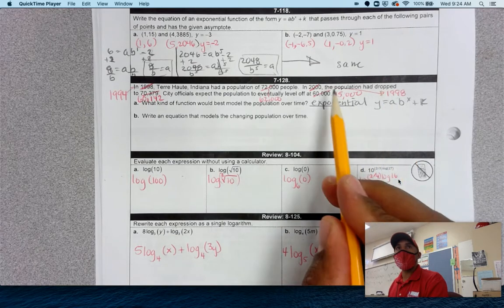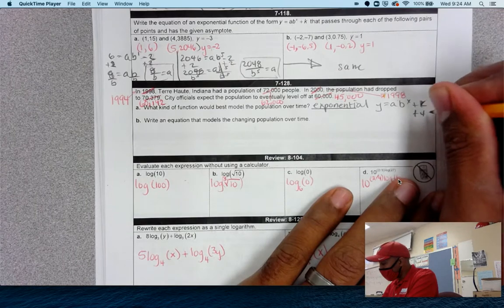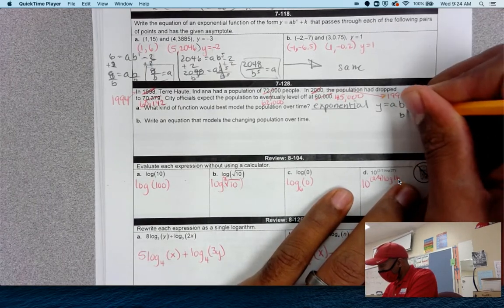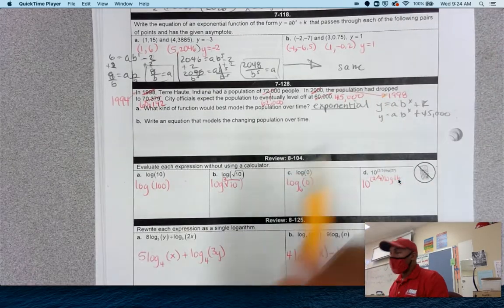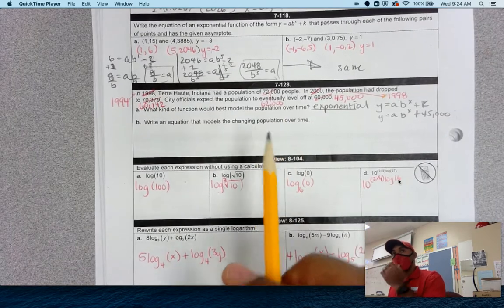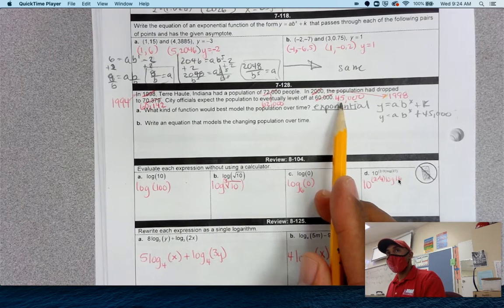Okay, so with that, let's plug in our values. The one thing that we know is that because it's leveling off at 45,000, that is a k value. But we don't know the b value, we don't know the a, so that's what we got to look for. Now here's the deal. We're starting with 62,000, and we know that it's going to level off at 45,000.